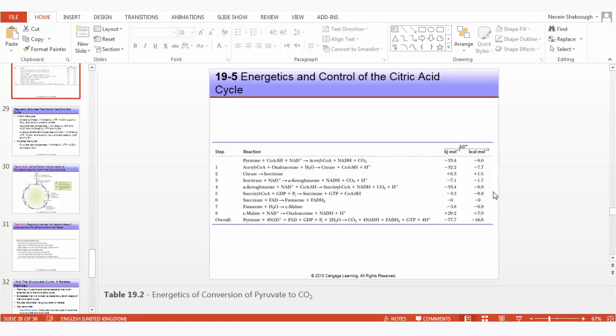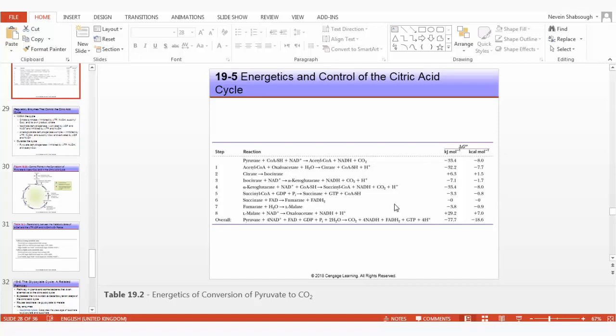Notice that in metabolism there is something called coupling between reactions, which means that the energy released from exergonic reactions drives endergonic ones. Now, in addition to the energy released by the oxidation reactions, there is more energy to come from the electron transport chain.